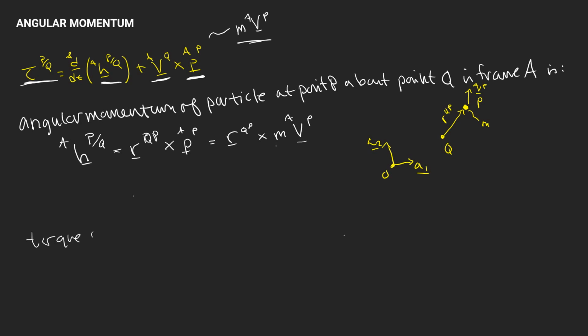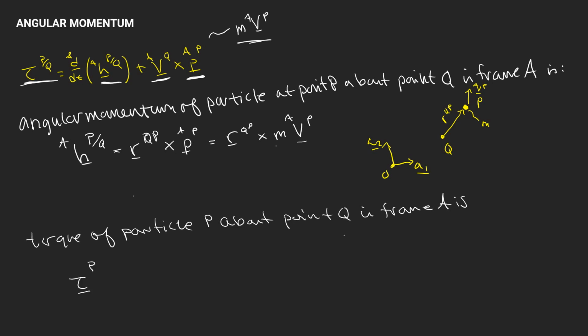So torque of particle P about point Q in frame A is equal to, again, we use a tau to indicate torque, and then this is P about point Q, and that is equal to, again, we have this position vector QP cross with our force acting upon point P. So if we look at our picture above, again, we have our position vector here, but imagine force is acting, say, in this direction on particle P, so this would be F_P.